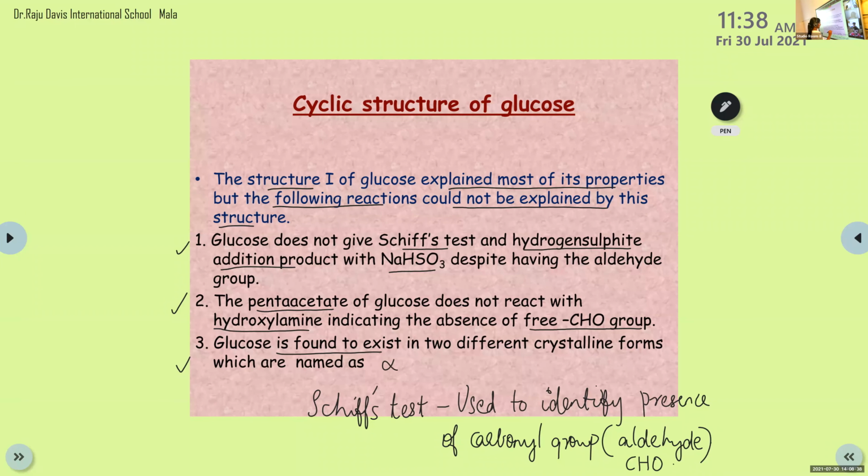You can write there alpha and beta. So these three reactions cannot be explained using the straight structure of glucose suggested by Fischer. That's why we are moving to the next structure, that is the cyclic structure of glucose.